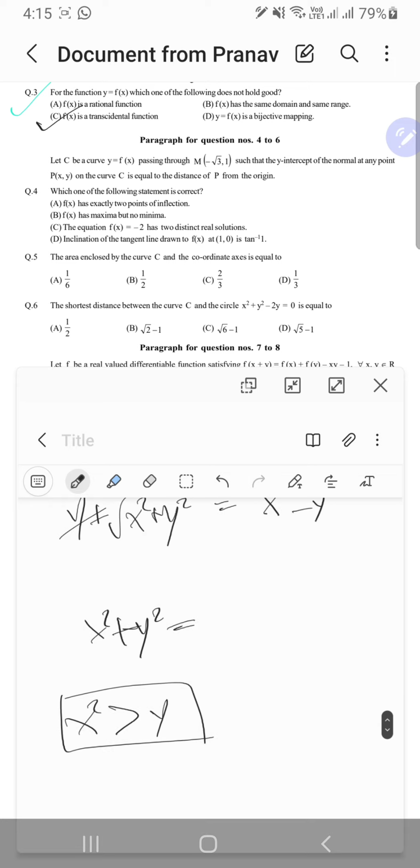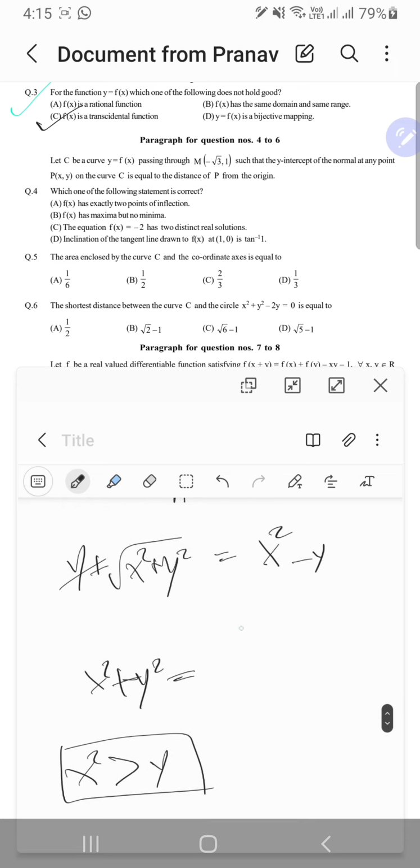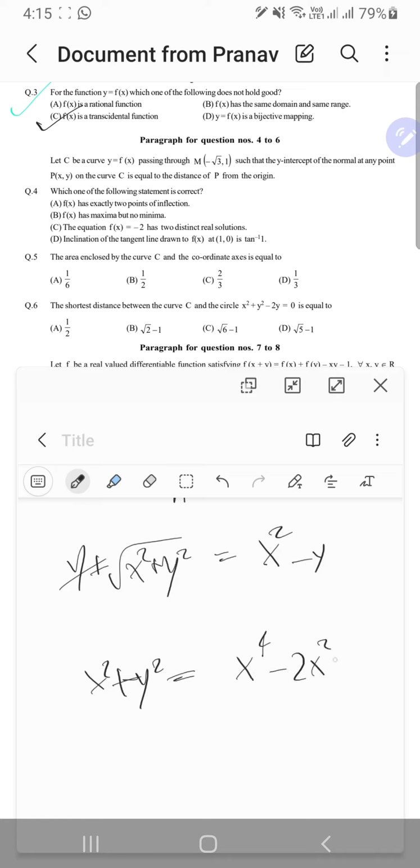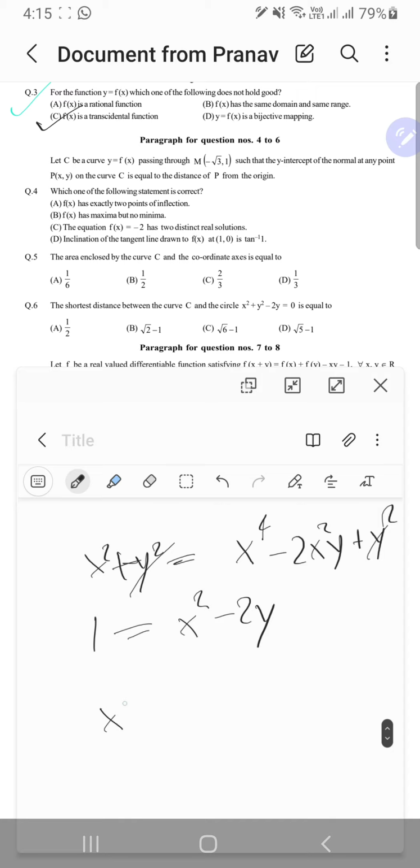So this will be x to the power 4. For appropriate values, it's appropriate. Okay, cool. Right, x to the power 4 minus 2x squared y plus y squared. Some stuff cancels, some more stuff cancels. So you just have x squared equal to 2y plus 1, right?